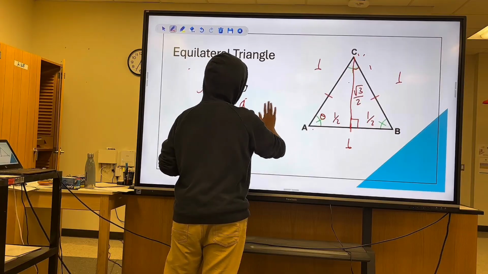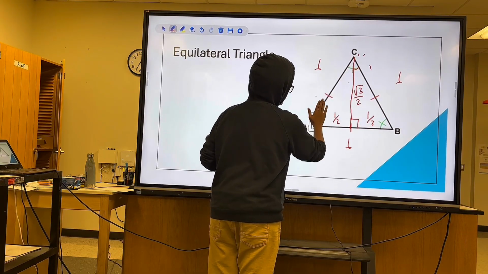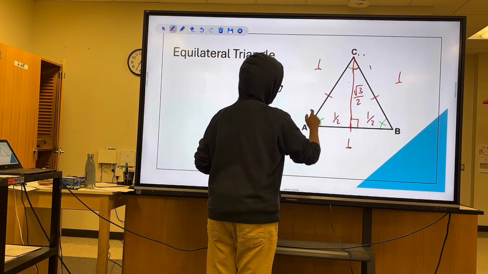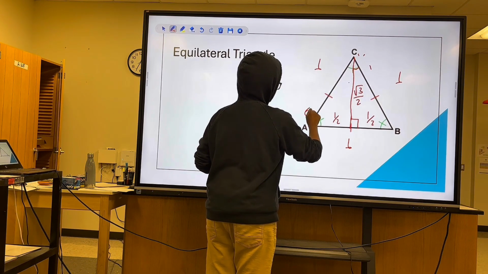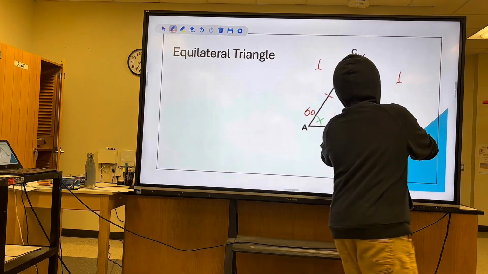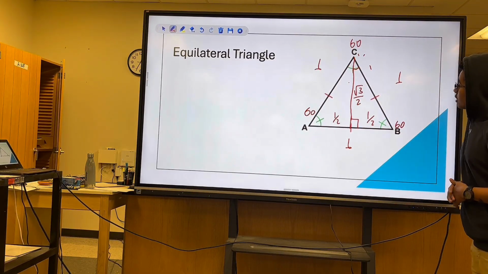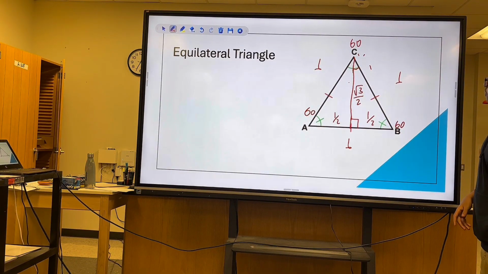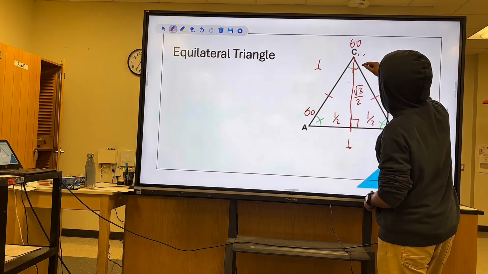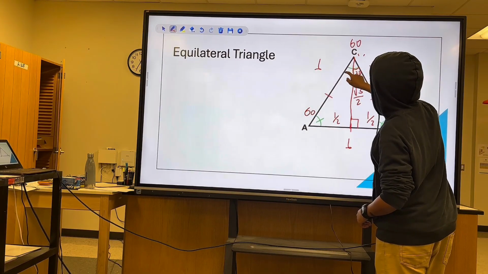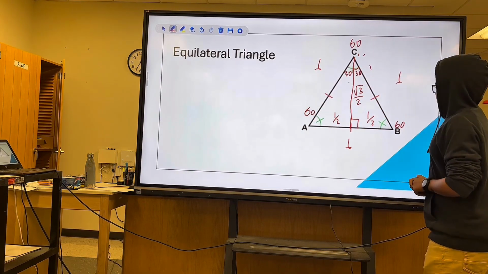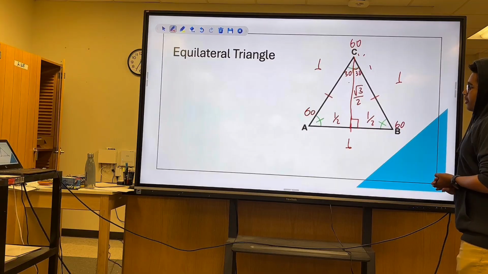So the angle for any equilateral triangle is always going to be 60 degrees. So this is 60 degrees, also here 60 degrees, and 60 degrees right here. And like the side length, the height also bisects the 60-degree angle. So we're going to have 30 degrees here and 30 degrees here, and we have our 60 degrees there.